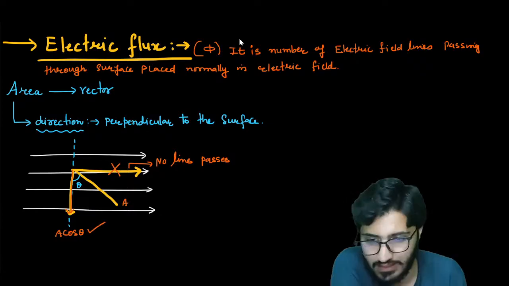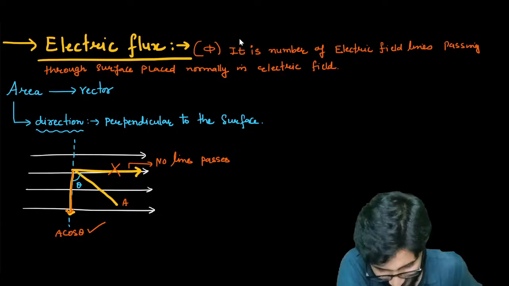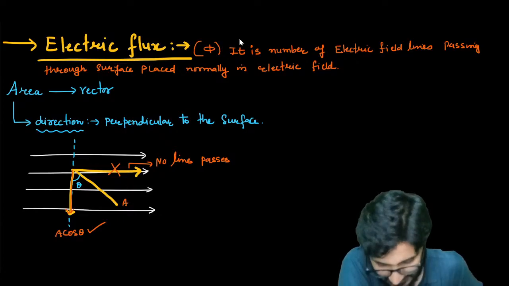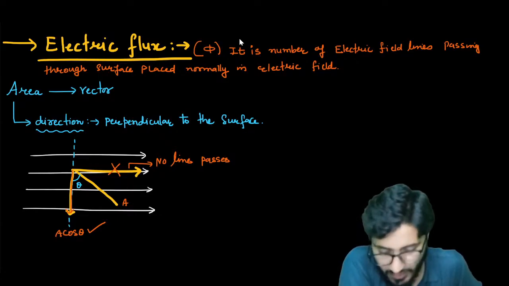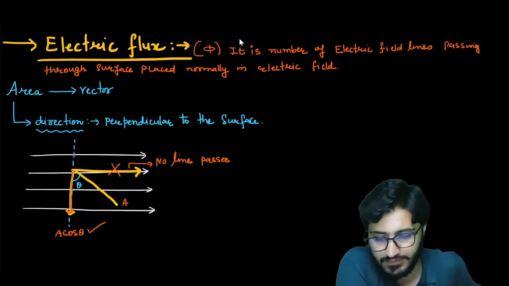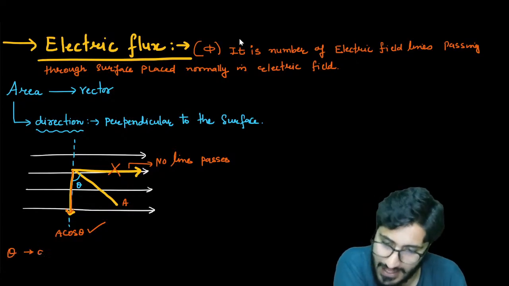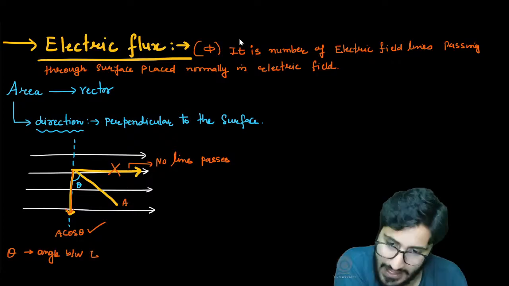We have to take this into consideration, not A sin theta, because no line passes through A sin theta. So what is theta here? Theta is the angle between my electric field and my area vector.